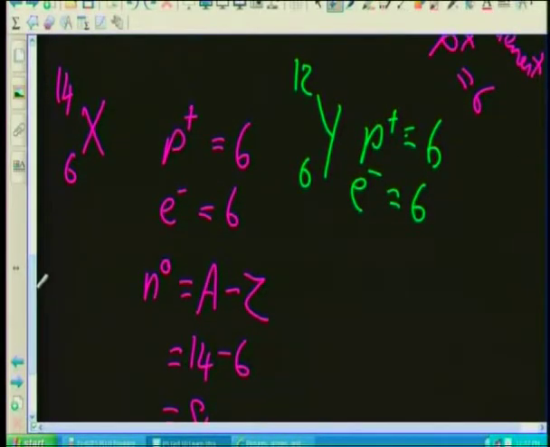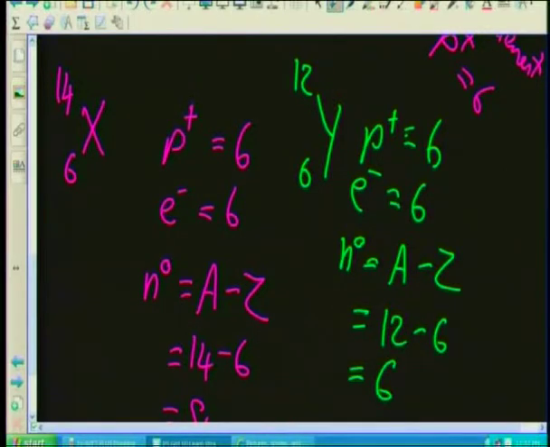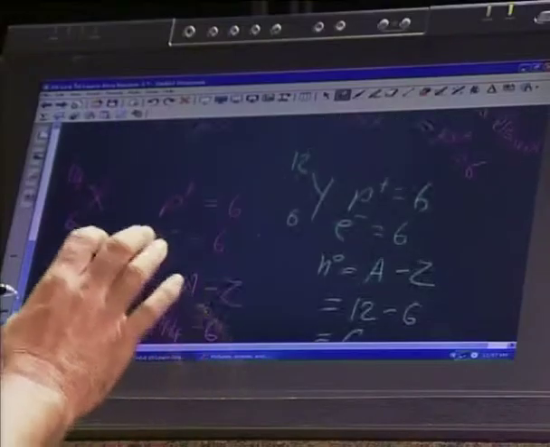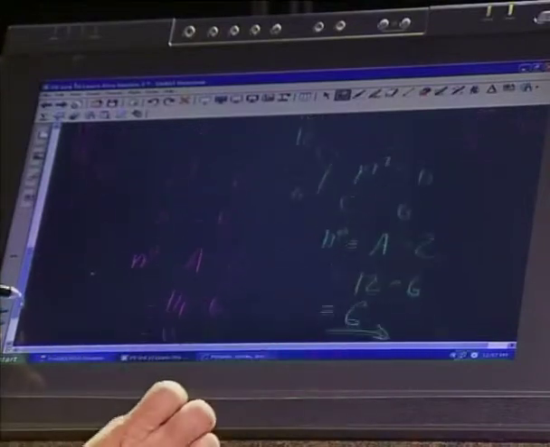We're not told that it's not an atom. The number of neutrons is equal to the mass number minus the atomic number. This was 12 minus 6. And look at that, we've got a different number of neutrons. This one has 8 neutrons. This one has 6 neutrons.